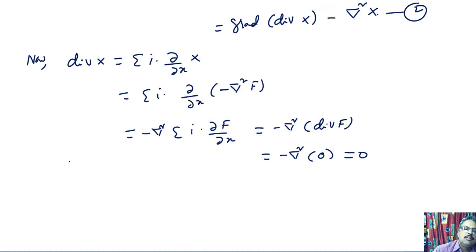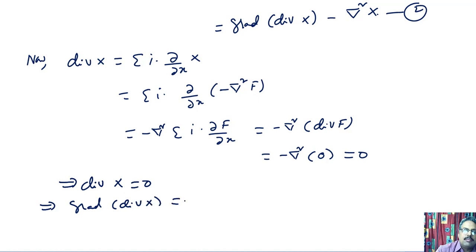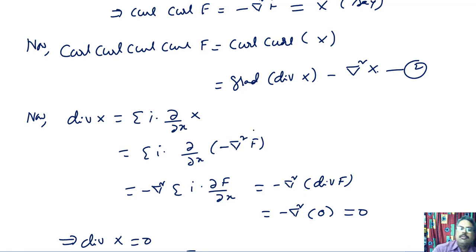Then what do you say? Divergence of X equals 0, then gradient of divergence of X is also the 0 vector. So this term is 0.